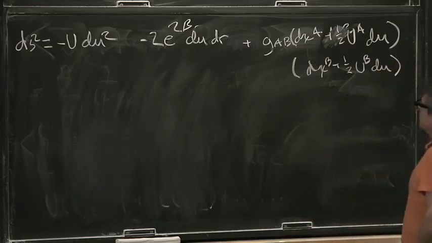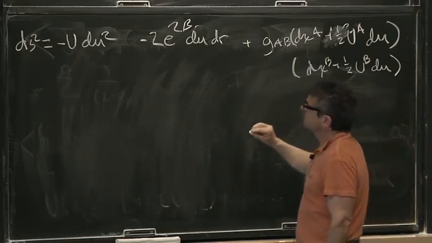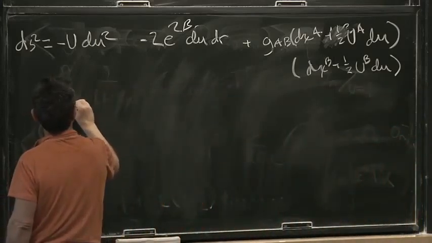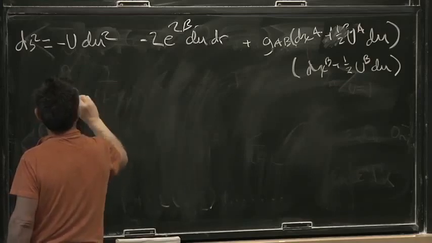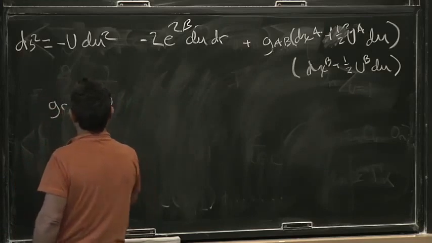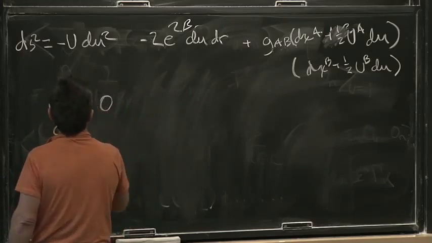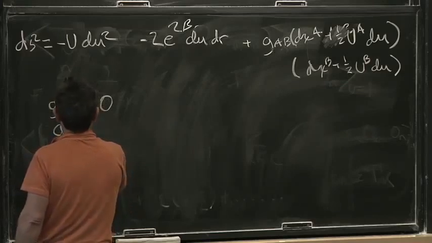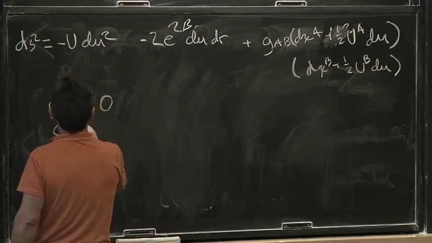So notice that this metric has no, we have set here g_rA, so A goes from 1 to 2, we've set g_rA equal to 0. And we've also set g_rr equal to 0.